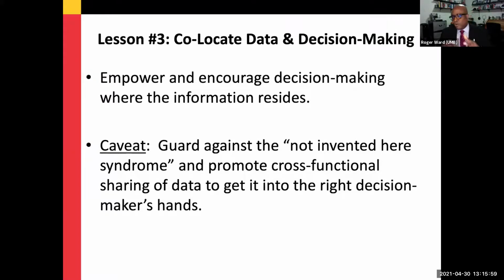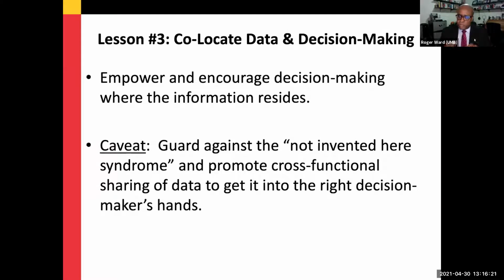Now, of course, you always have to guard against the idea that if I didn't generate the data, it can't be useful to me. One of the positive attributes of big data, certainly in this day and age, is that data moves quickly and is transferable.